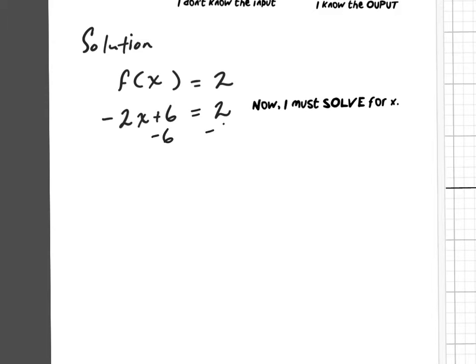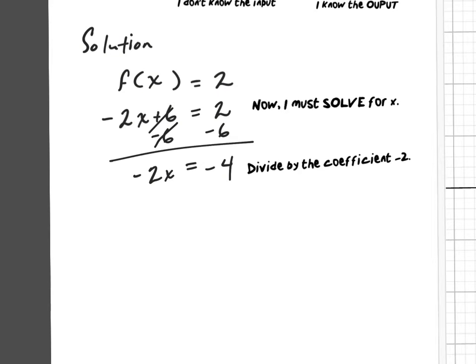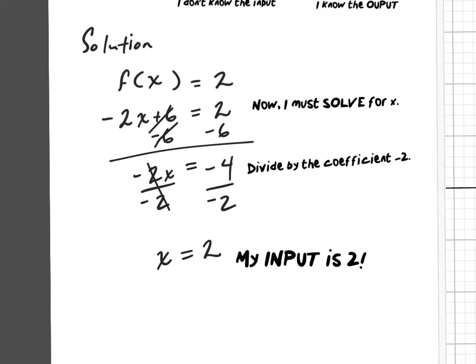So let's subtract 6 on both sides. That gives me a negative 4. And now divide by negative 2. And that gives me a solution of positive 2. We now know our input is 2.